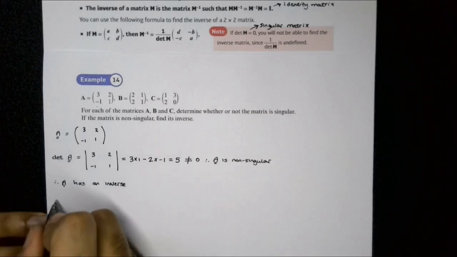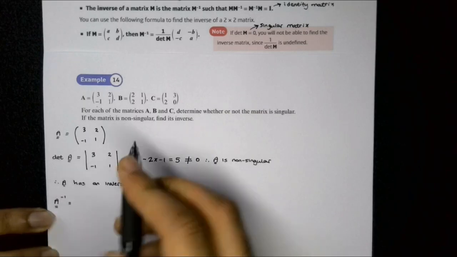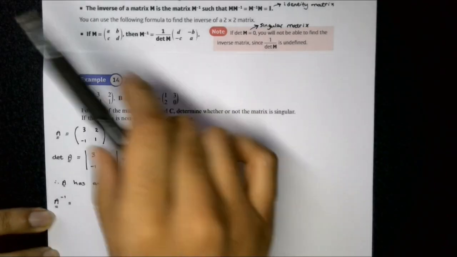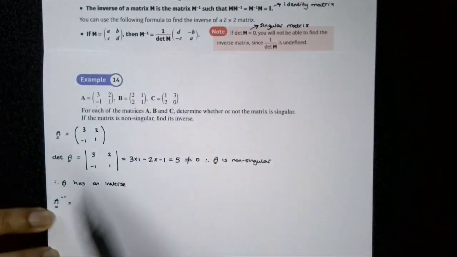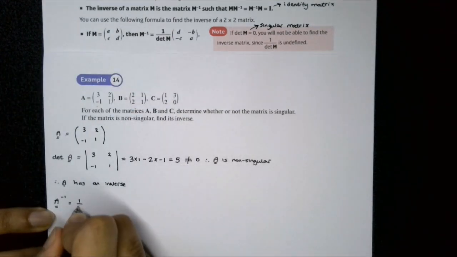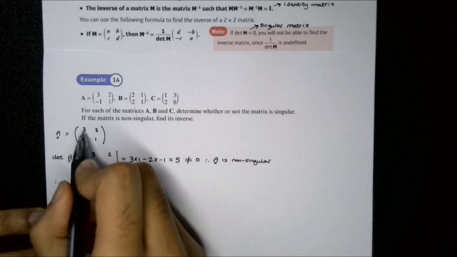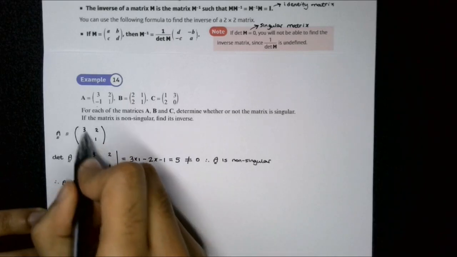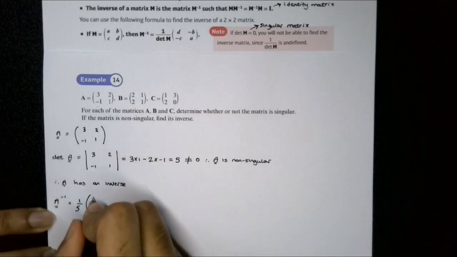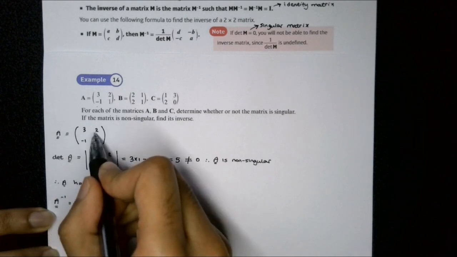And to find the inverse of this matrix, using what we discussed over here, we have 1 over the determinant. So we have 1 over the determinant, which is 5. And then with this matrix, we swap these. So we have 1 and 3. And then we multiply these by -1.